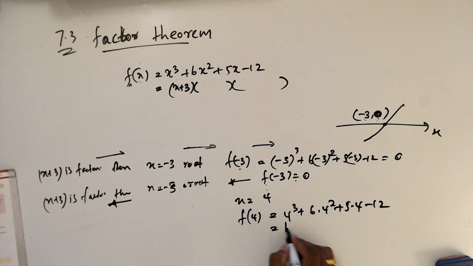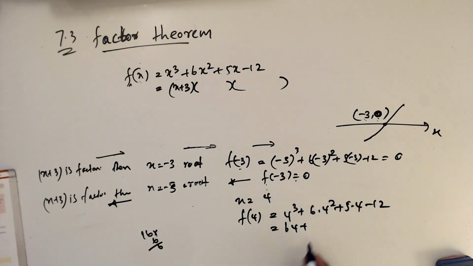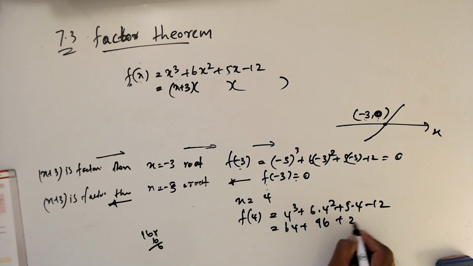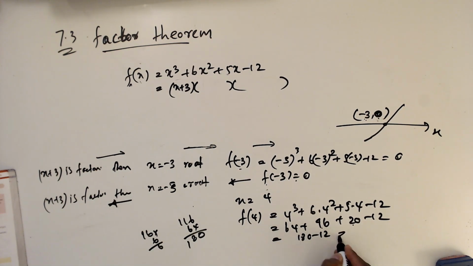This is 64. 16 times 6, that is 96. And this is 20 and minus 12. So 64, 96, 106, 116. 116 plus 64, 180 minus 12, 168.